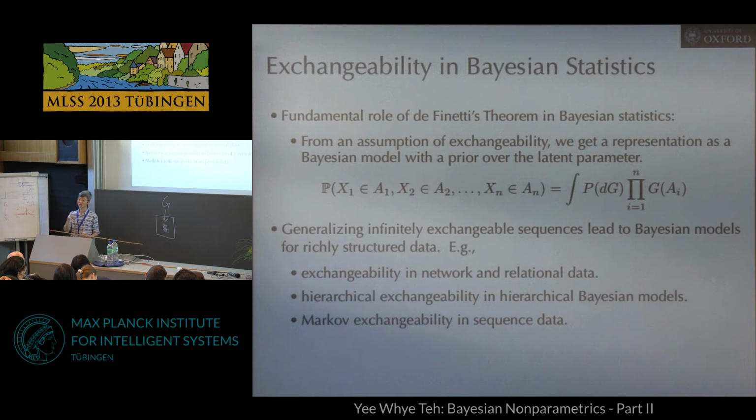If they say that the order in which they gave you this collection of people doesn't actually matter, then we are making an assumption that this set of n people are exchangeable in some way. And just by that assumption, there's a generalization of de Finetti's theorem which leads you to a Bayesian model for how you should be modeling your data. I'll come back to this tomorrow. You can also talk about hierarchical exchangeability and other generalizations of exchangeability.